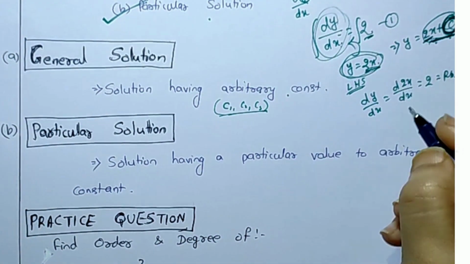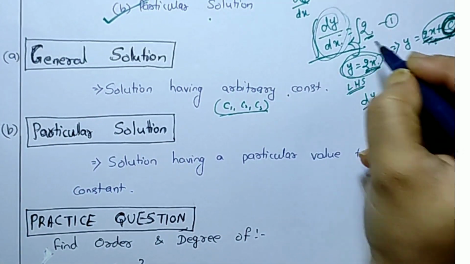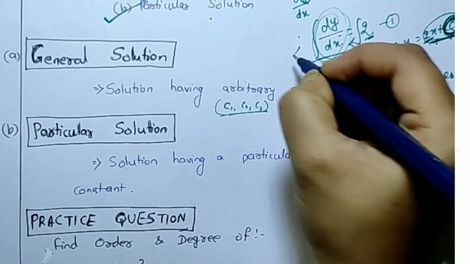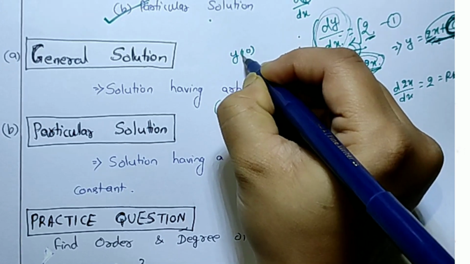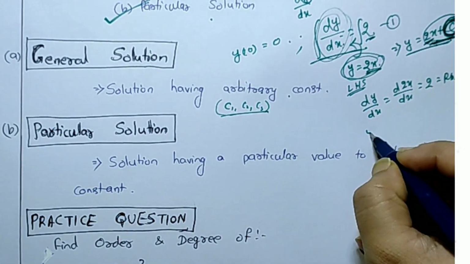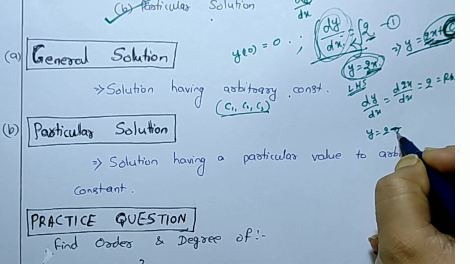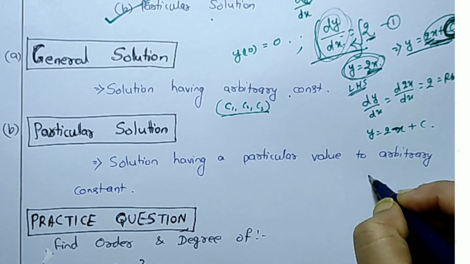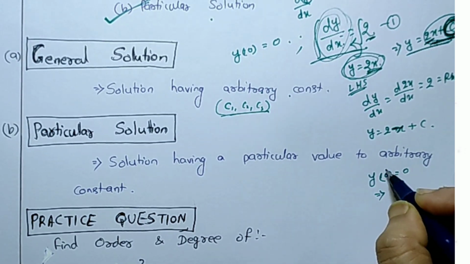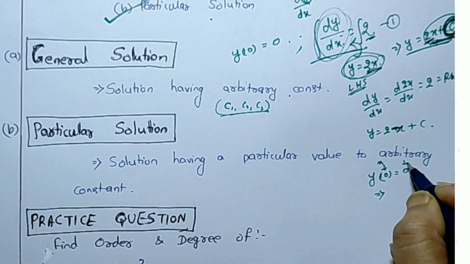Suppose in this question I give an initial condition, y of 0 is equal to 0. After finding the equation y is equal to 2x plus c, I put y of 0 is equal to 0, which implies that in place of x is 0, in place of y is 0.